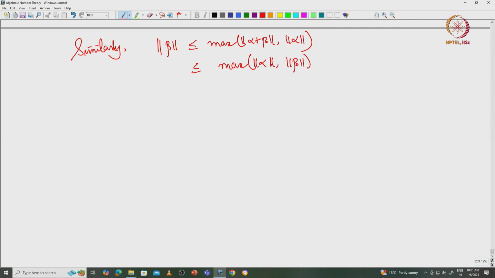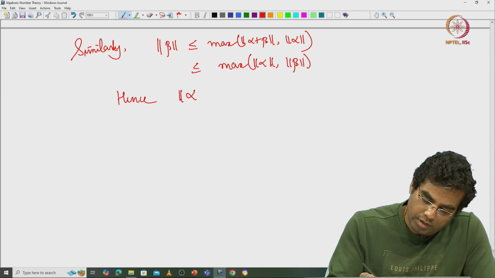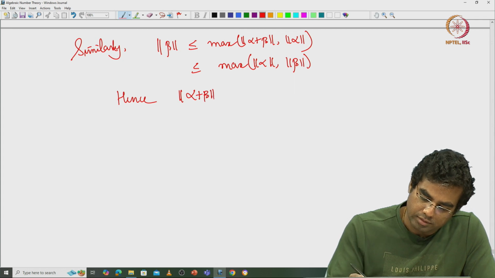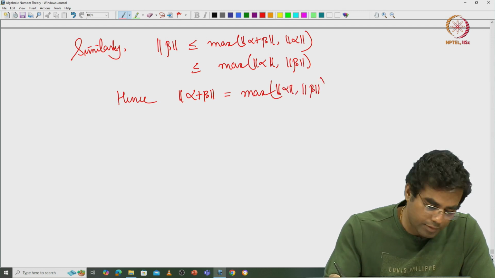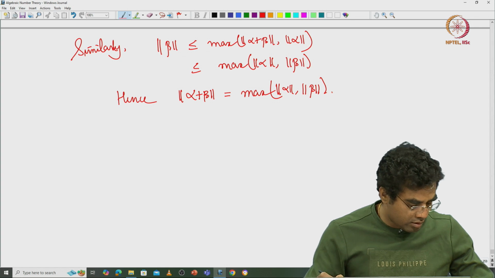And hence, one of them has to be an equality, which means that valuation of alpha plus beta is equal to max of valuation of alpha, valuation of beta. All right.